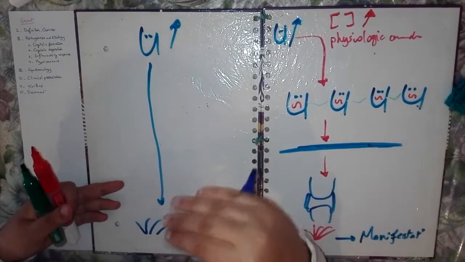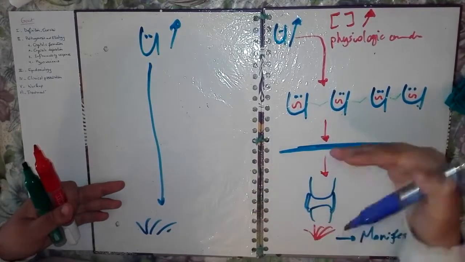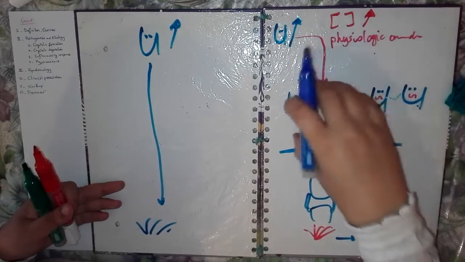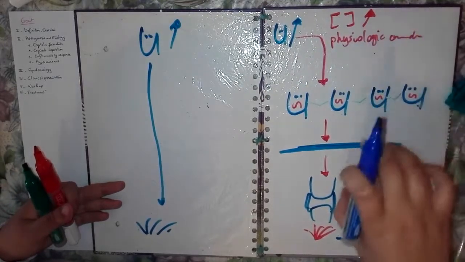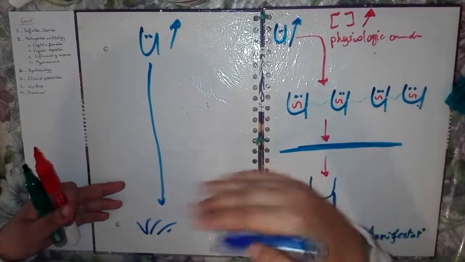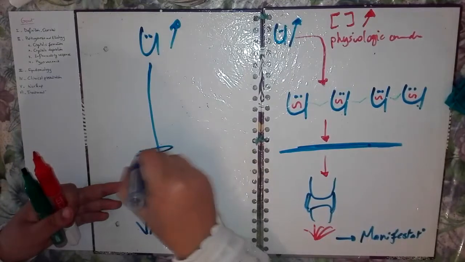There must be some factors that make these excessive MSU molecules form crystals.